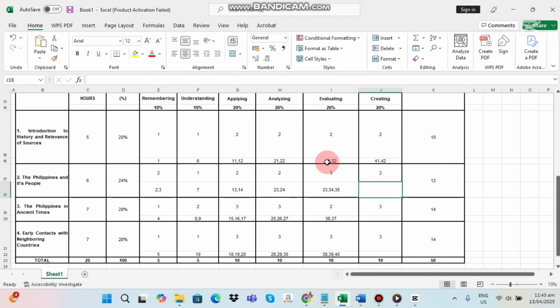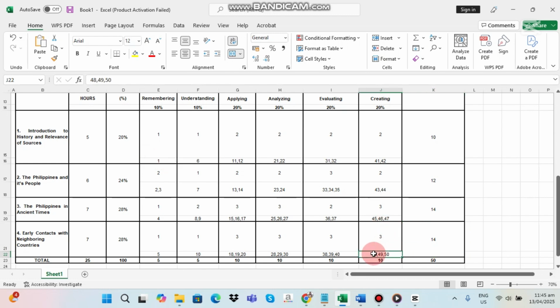Then 2 items, 43 and 44. Then 45, 46, 47. And then the last one, 3 items: 48, 49, and 50. So here we have the item placement.